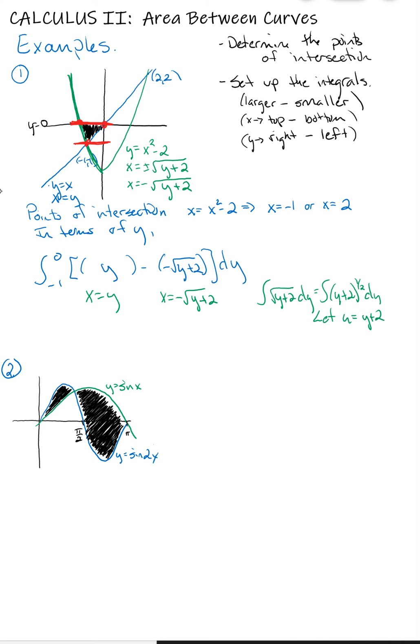Okay, let's see. Taking a look at example 2 here. For the second one, we've got the sine curve, y equal to sine of x, and y equal to sine of 2x.